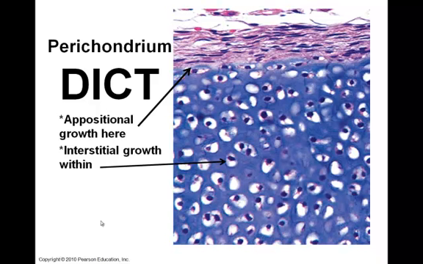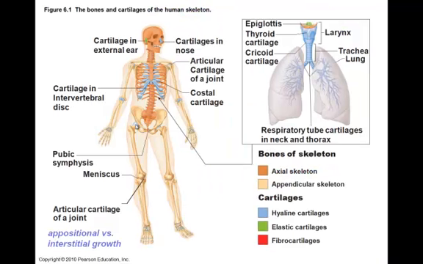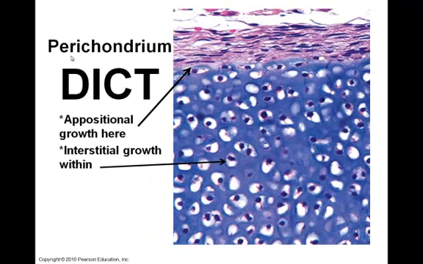In the body, when you have all of this cartilage that you see everywhere, all these regions of cartilage, cartilage, remember, does not have a blood supply, and it is not innervated. All this cartilage, no blood, no nerves. But on the outside of the cartilage, there's going to be a surrounding membrane, and that surrounding membrane is called the perichondrium.